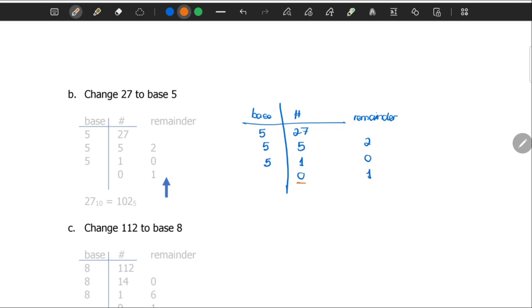Once we have reached 0, we read all remainders from the bottom up, such that 27 is the same as 102 to base 5.